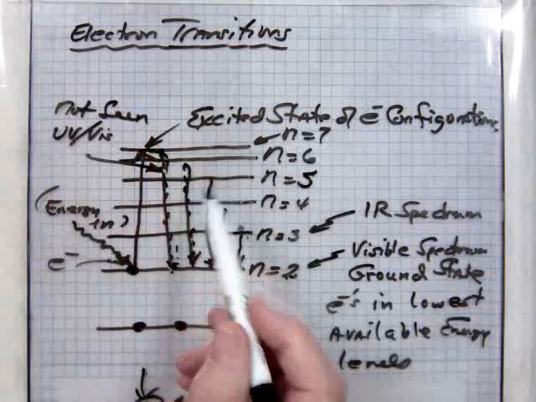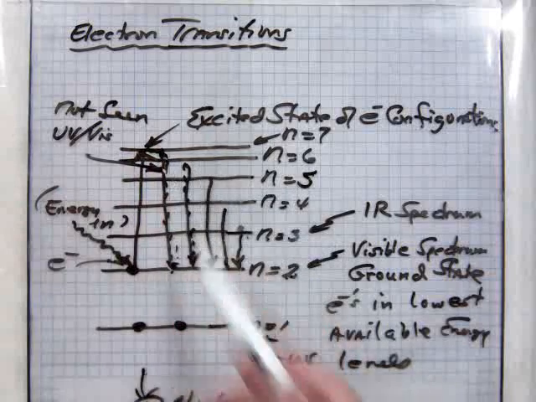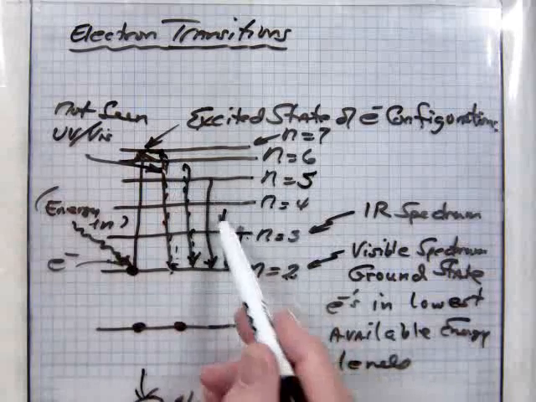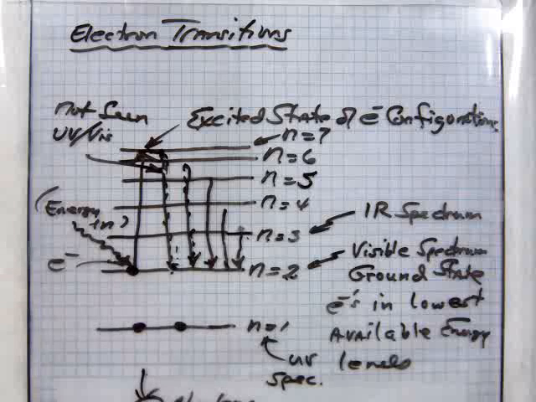However, if you have a transition from 6 to 5, 6 to 2, 5 to 2, 4 to 2, 3 to 2, you're going to have colors coming out of those transitions. The longest transitions are the purple end of this.